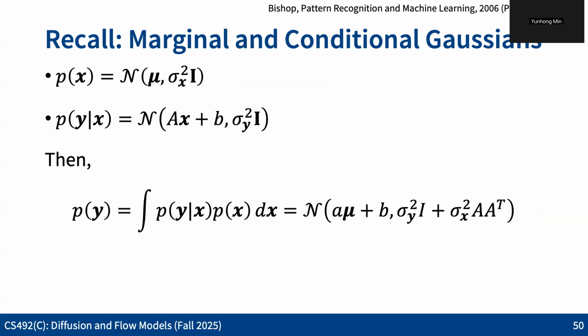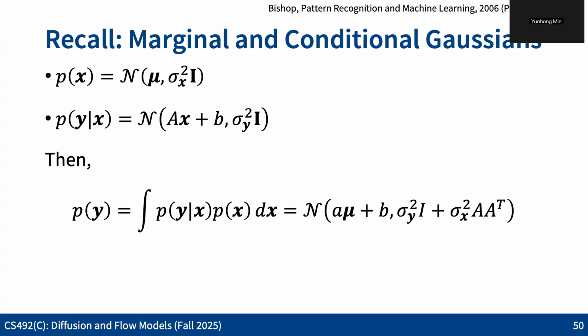If you go back to the slides of lecture 5, you're going to see that there was a slide that looks like this. This is all about how we can compute the marginal distribution here when both the prior and the likelihood are Gaussian distributions. Given that the prior is Gaussian and the likelihood is another Gaussian defined in this way, we could see that the marginal distribution p(y) could be derived as another Gaussian distribution.